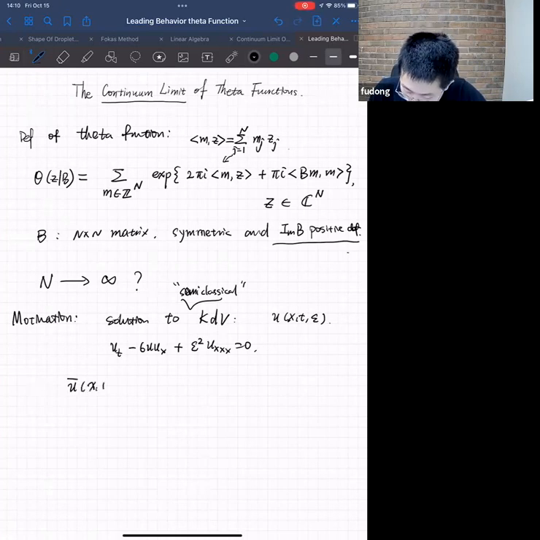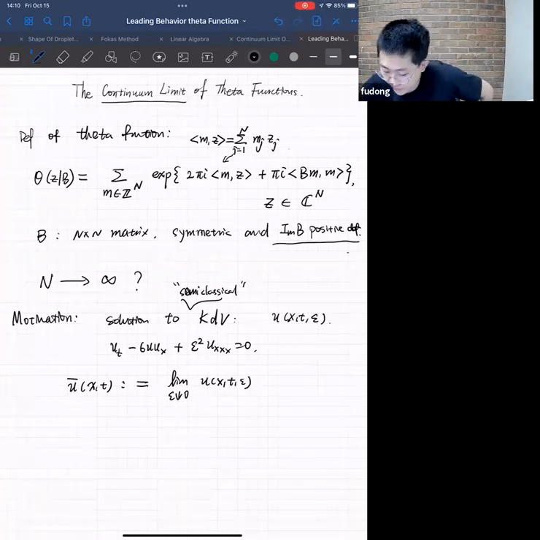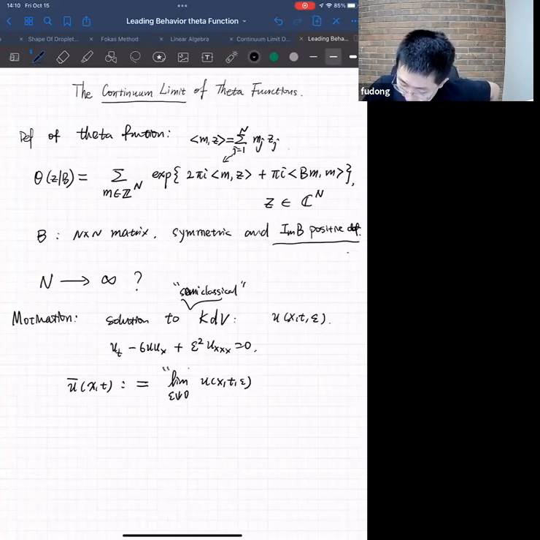This is defined by the limit of epsilon going to 0 of u(x,t,epsilon). So u solves a semiclassical KdV, but here this limit is in the distributional sense because it will oscillate when epsilon goes to 0. When you remove this dispersion term, it will become very strange.